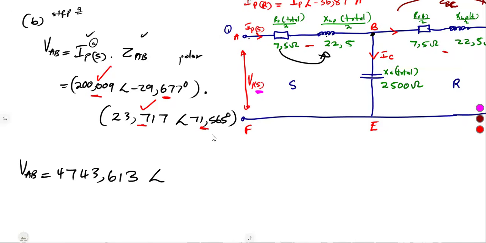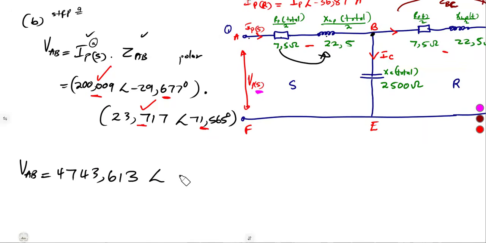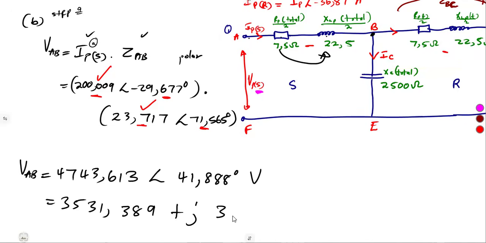That was going to give us at the end 41,888 degrees. Convert to rectangular form, since we are to add these later on. It's best to convert to rectangular form so that when you are to add, you are not going to have any problem. Okay, so that is what you're going to have in rectangular form.